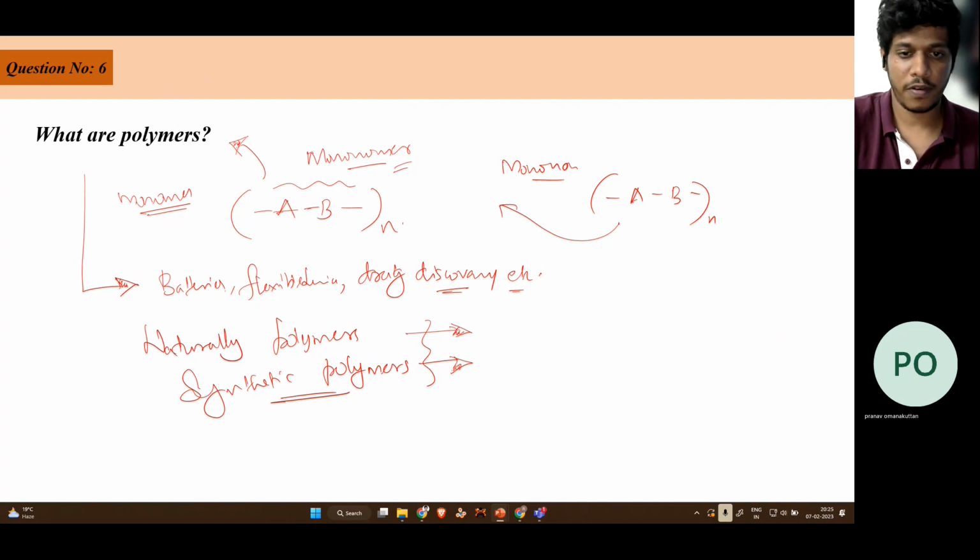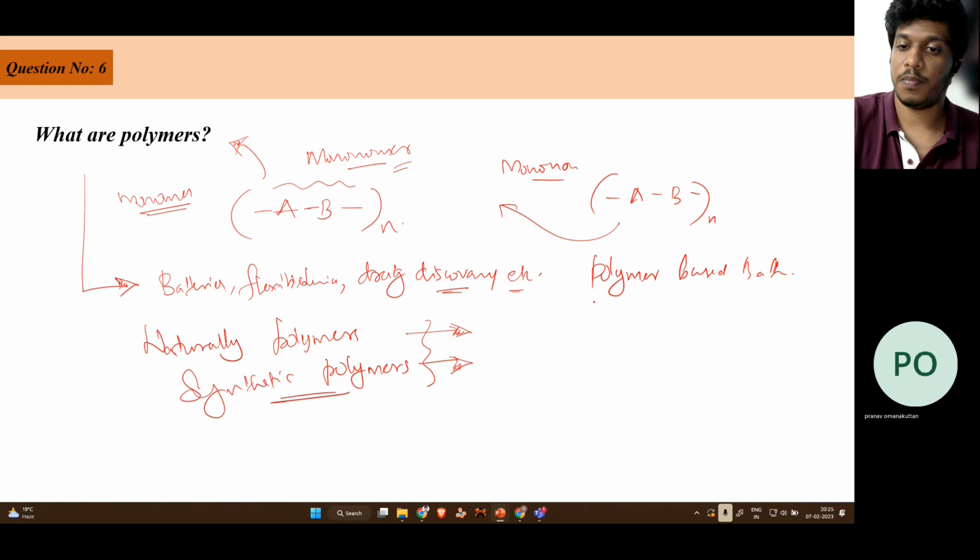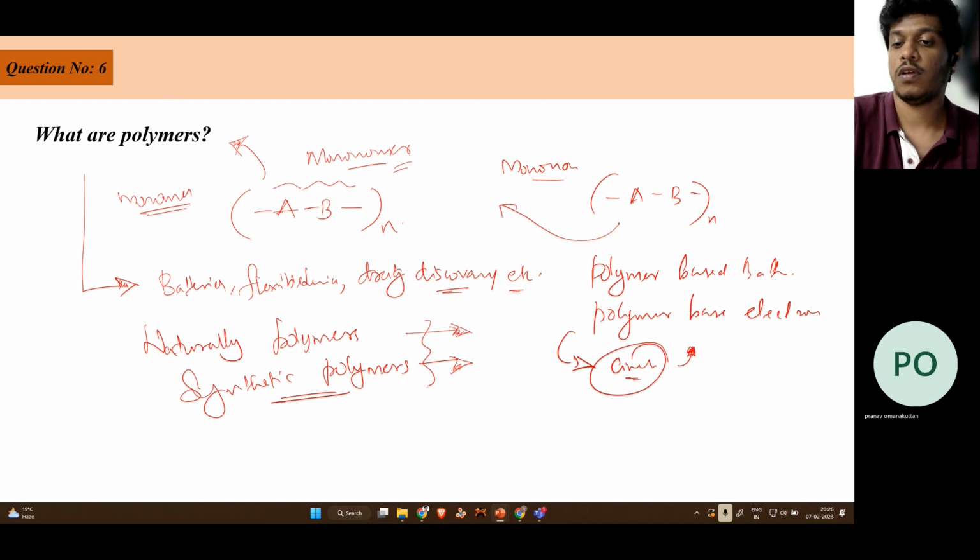These polymers have their own uses in many applications. There are polymer-based batteries and polymer-based electronics, and even in other engineering fields such as civil engineering, people have been trying to use polymers to increase the durability of steel and other things.